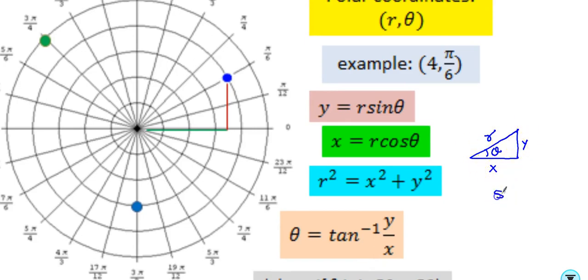If you write sine theta is y over r, you can say y is equal to r times sine theta, which is this equation. If you write cosine theta is x over r, you can say x is equal to r cosine theta. So these two equations are very important.